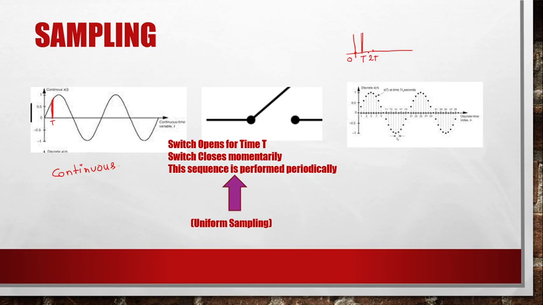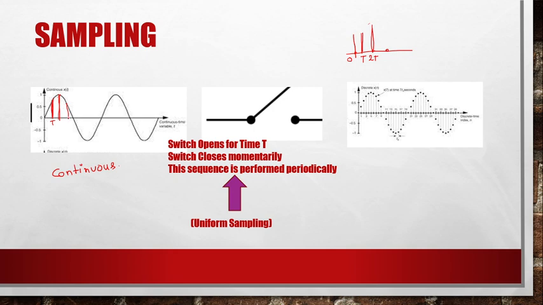After this t, for a momentary time, I am making the switch close. So when I am closing it, I get this value over here. Again I am opening it for t seconds, then I am momentarily closing it.